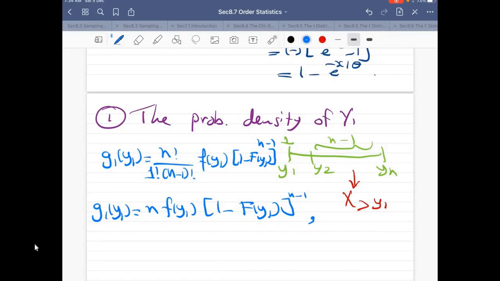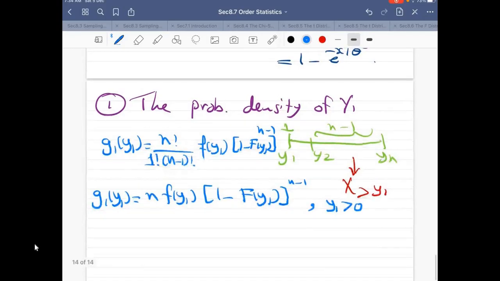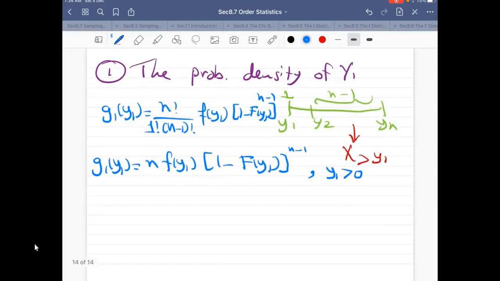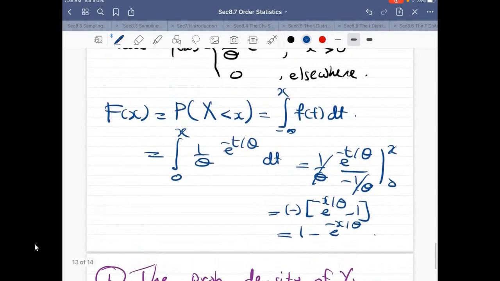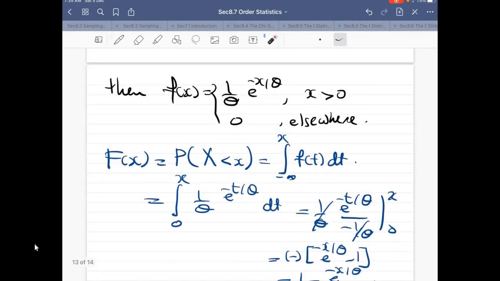Of course y1 is any value from the population, which is exponential. So y1 is greater than 0. Okay, my population values are all greater than 0. Now I substitute at this step. At this step, I know my density. This is my density.